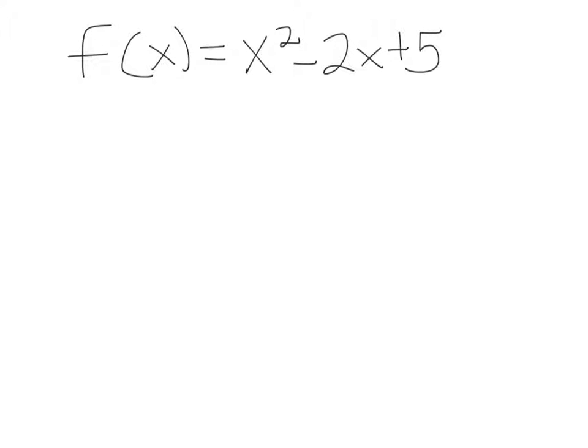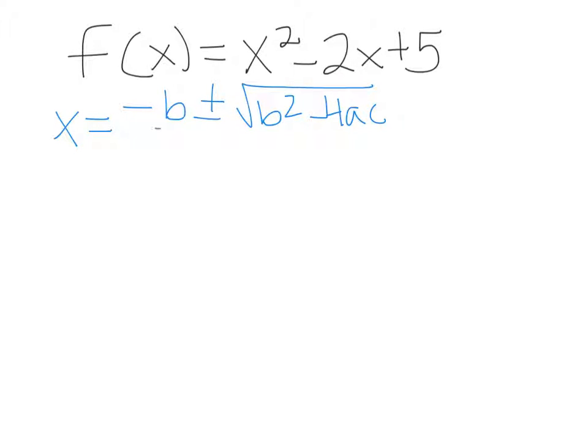Number 4 says, find all the complex zeros for the polynomial function using the quadratic formula. So you were given the quadratic formula: x equals the opposite of b plus or minus the square root of b squared minus 4ac, divided by 2a.